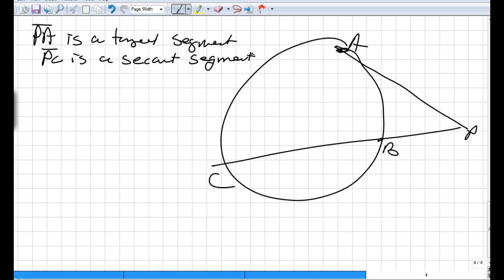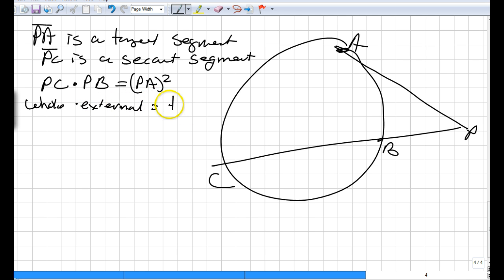And so the following theorem says, because PC is a secant, we know it's the whole secant, so PC times its external is equal to, and in this case, it's the whole tangent times its external, but it's the same thing, so it's going to be PA squared. So it's whole times external equals tangent segment squared.